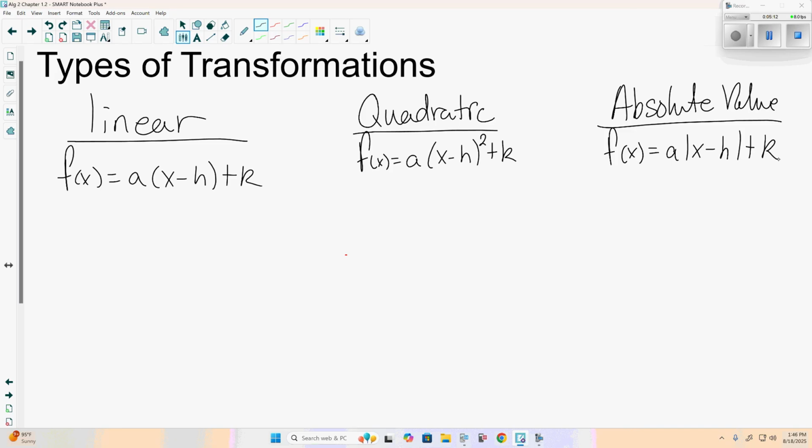Now we are specifically going to go over each type and what each of these does, and the specific transformation that is connected to A, H, and K.